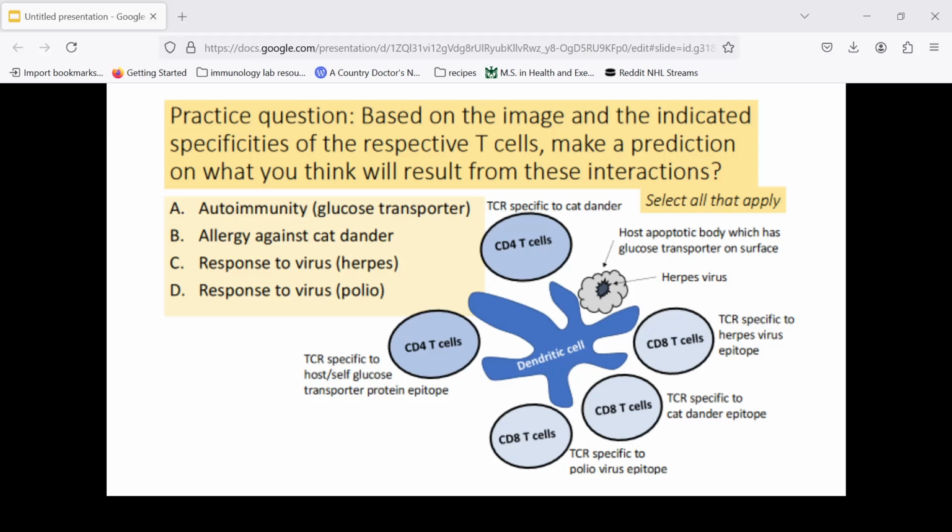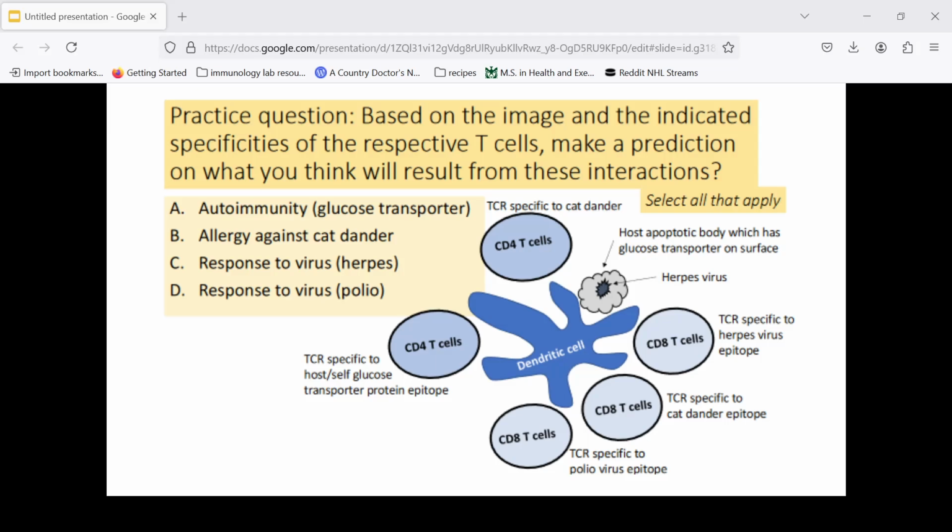Is that CD4 T cell going to get activated? Yes. Why is it going to get activated? Because the glucose transporter was presented to it, and it got signals 2 and 3 because of those PAMPs.